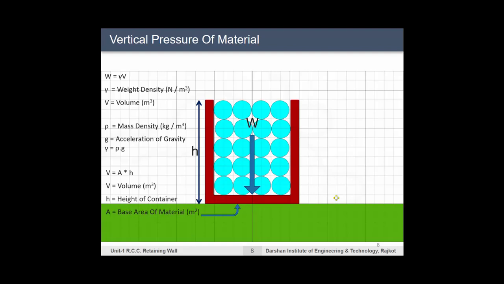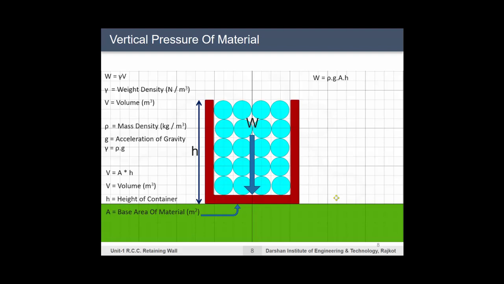To calculate the total weight, we simply multiply weight density by the volume. When we substitute these values in the equation we found earlier, we find that the weight is equal to the product of mass density, gravitational acceleration, base area, and container filled height.